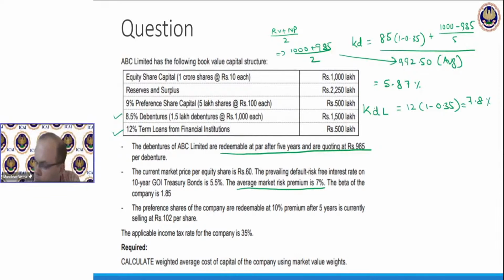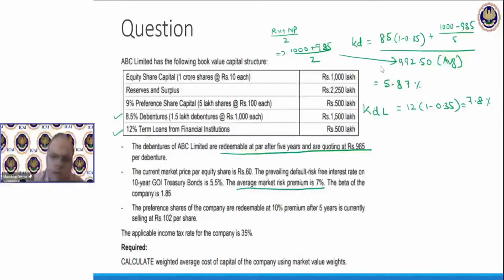I'm just waiting for a minute so that everyone else can confirm this, please. Bashar, can you check the long-term loan? I think I'm getting 7.8, 12 into 1 minus 0.35.